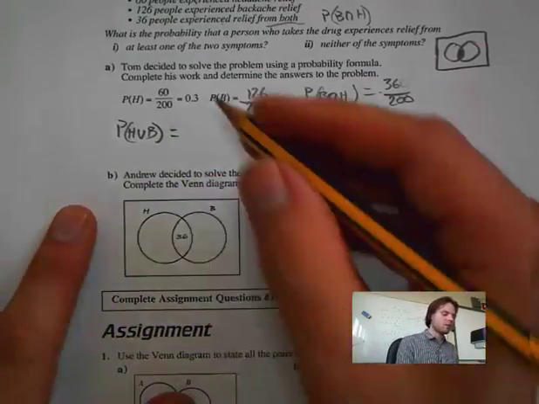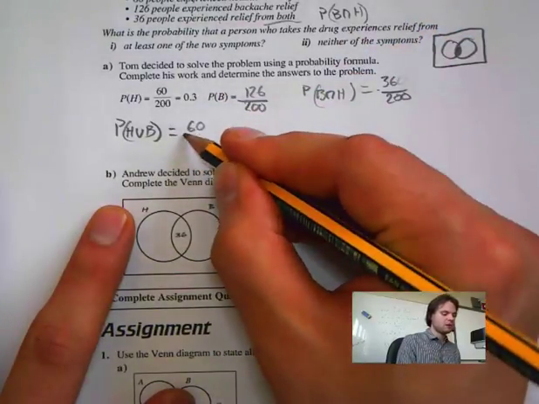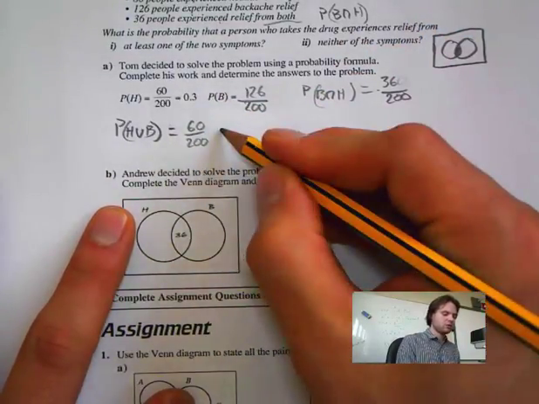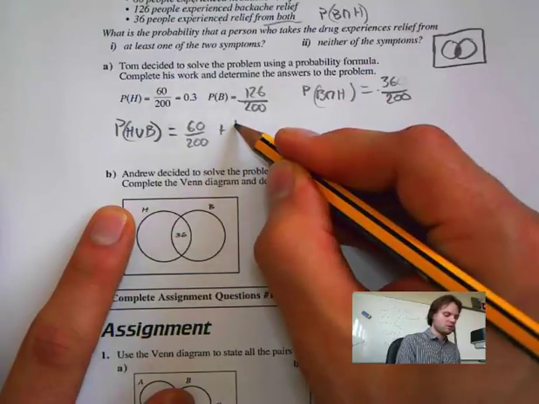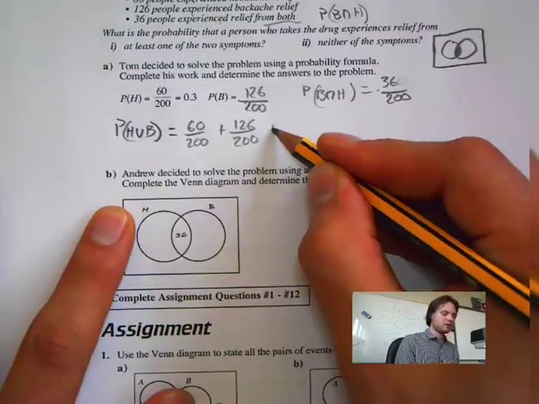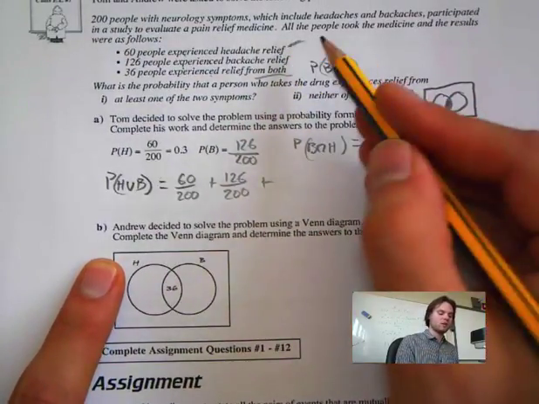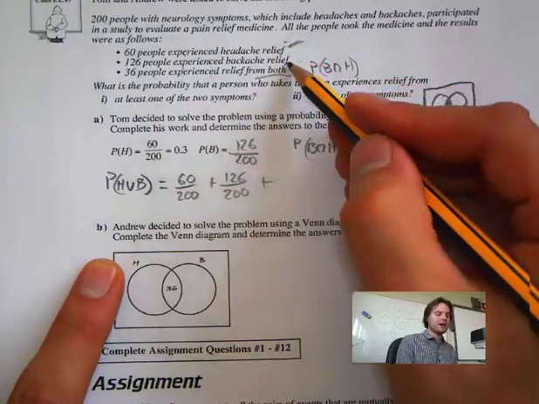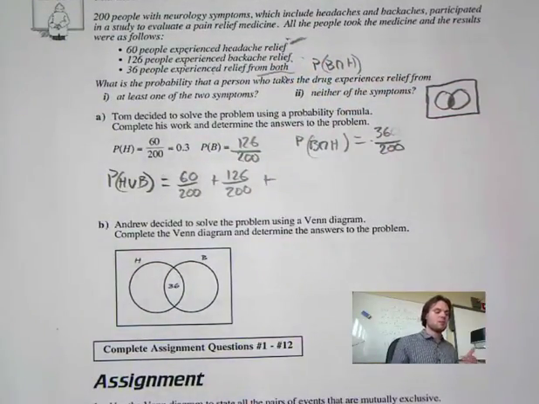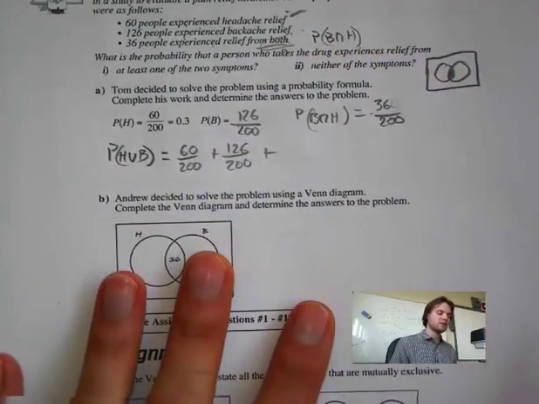Now, for this one, I'm going to get 60 out of 200, plus 126 out of 200. Notice how these did not say only? If they said only, I'd have to add all three of these together. But they did not say only, so I have to take away this so it's not counted twice.